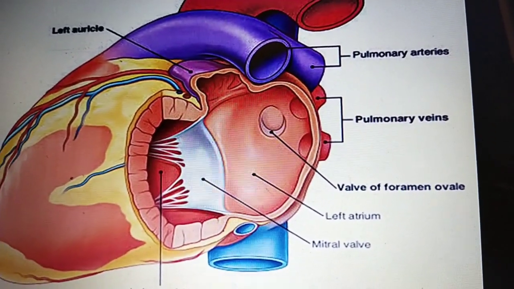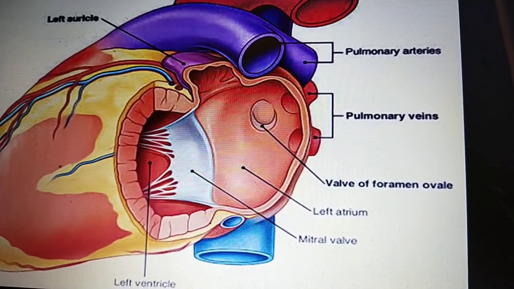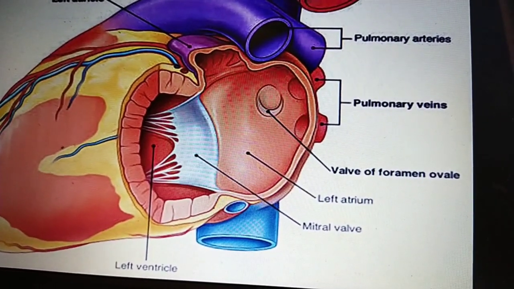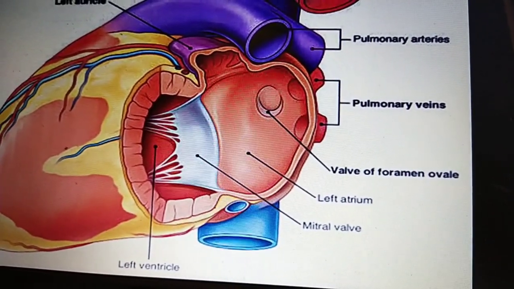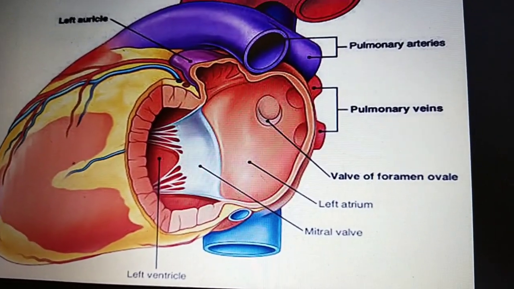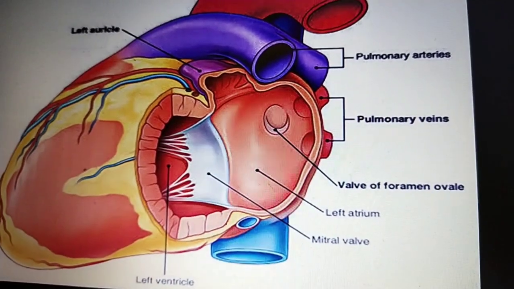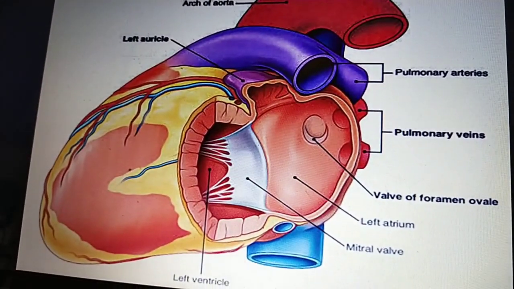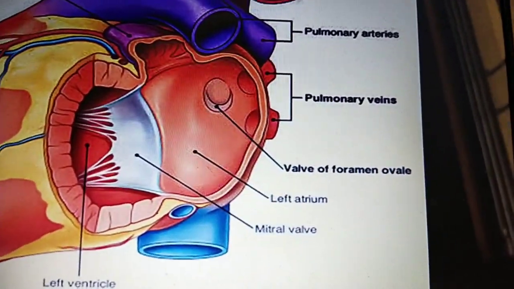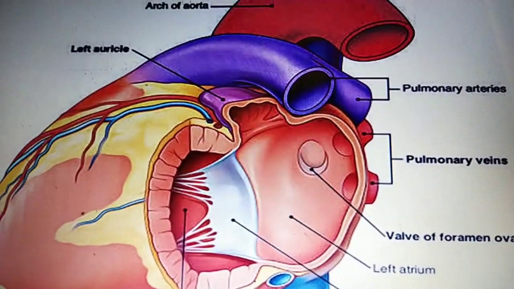The left atrium has four openings of the pulmonary veins, one valve of the foramen ovale, also called the fossa lunata, and one auricle, the left auricle, which is an outpouching of the atrium. The whole part of the left atrium is smooth except the left auricle.